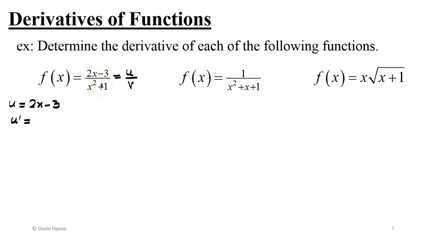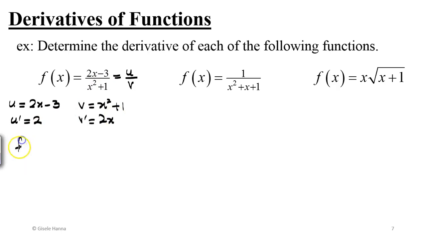It's not just the derivative of the numerator divided by the derivative of the denominator. We've just seen that u over v has a derivative of u prime times v minus v prime times u over v squared. Now, over here, if u is 2x minus 3, then u prime is 2. If v is x squared plus 1, then v prime is 2x.